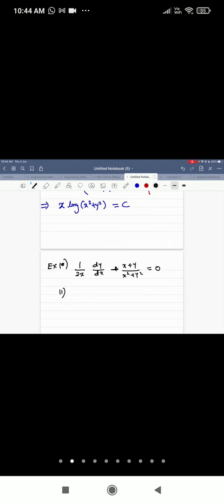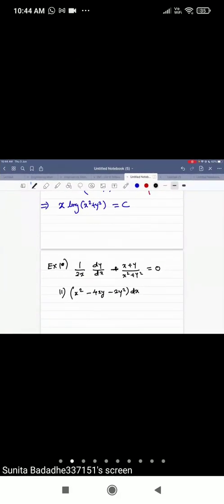Then another example is (x square minus 4xy minus 2y square) dx plus (y square minus 4xy minus 2x square) dy equal to 0. This is another example. Okay, so you can check the exactness and solve, right?